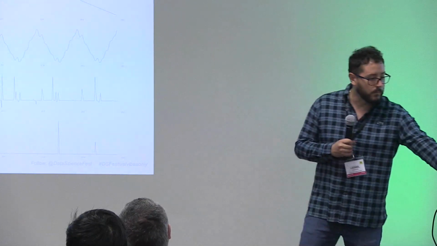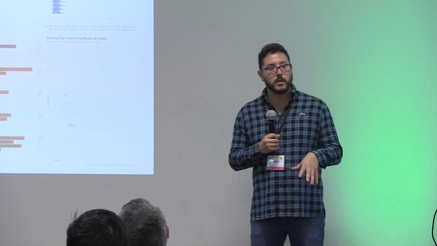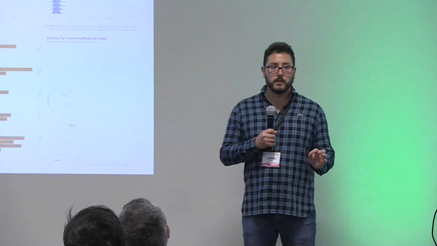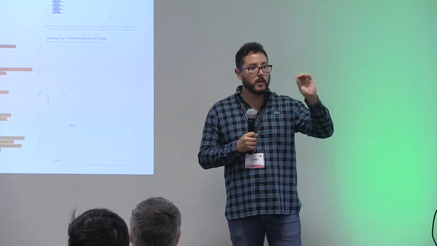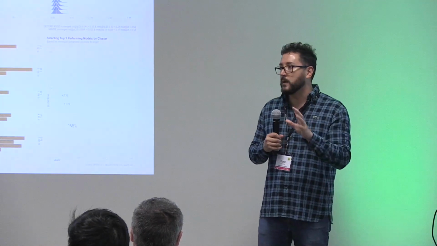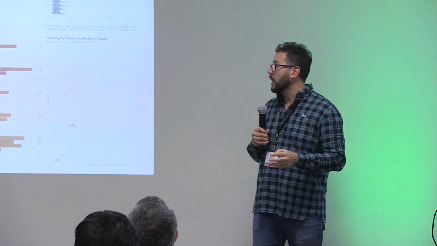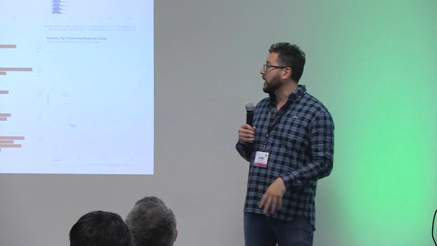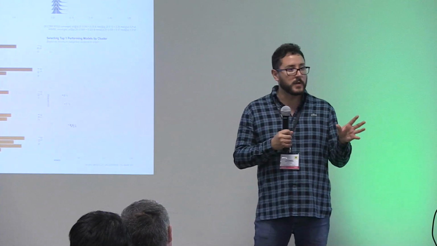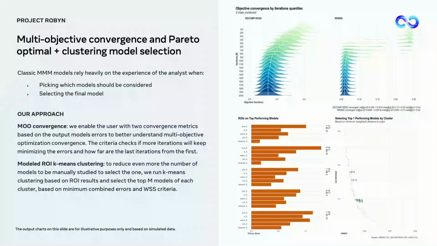So if we go into the next one, basically we have an extra couple of techniques that we also use, and these ones are a bit more focused on selecting the right models. Remember that we saw the chart with the blue dots and everything, so there are many models you can imagine, and from those, which might be 20, 30, depending on the results, instead of having to go one by one after another, we apply a k-means clustering method, which is done on an ROI basis, and we try to balance out the minimum combined errors and this weighted sum of squares and so on.